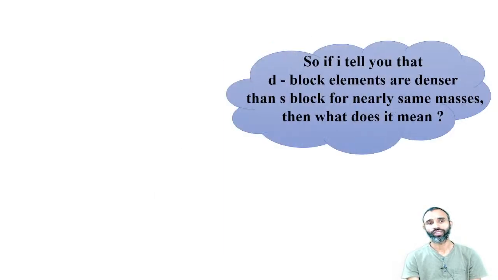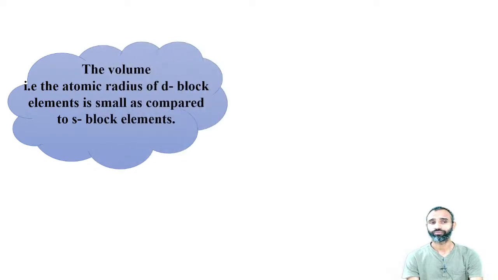So the density of d block elements is high, and they are denser than even s block elements. Because s block elements are large in size.